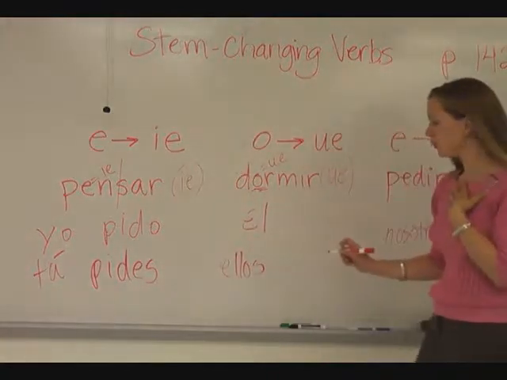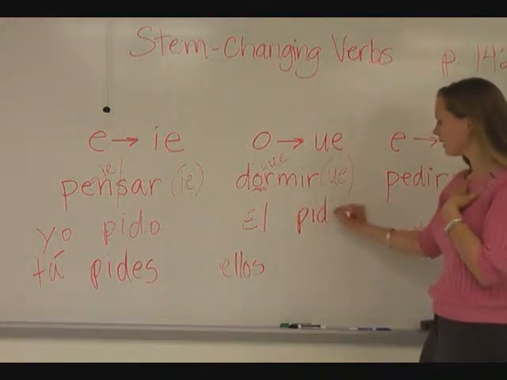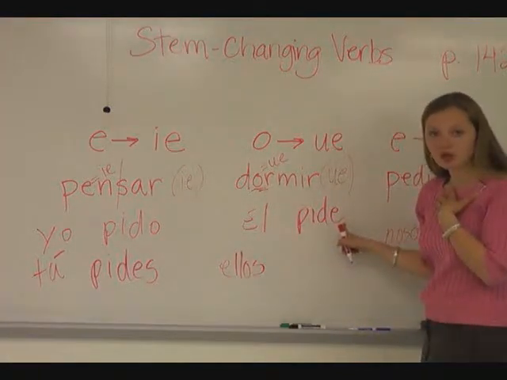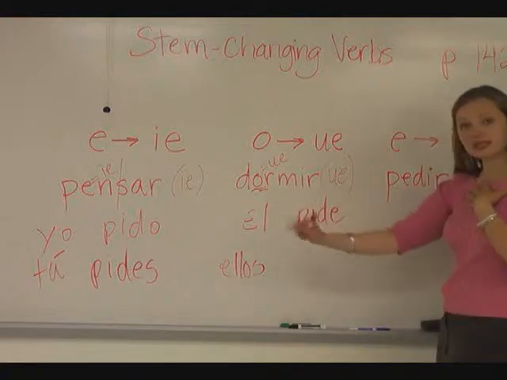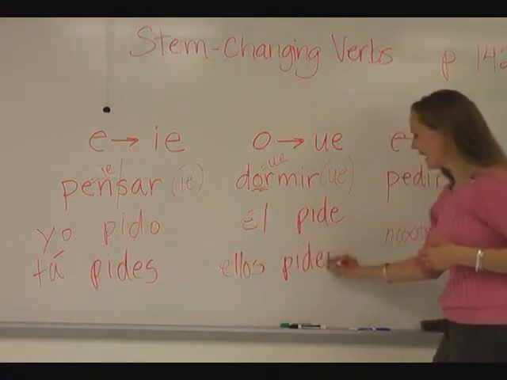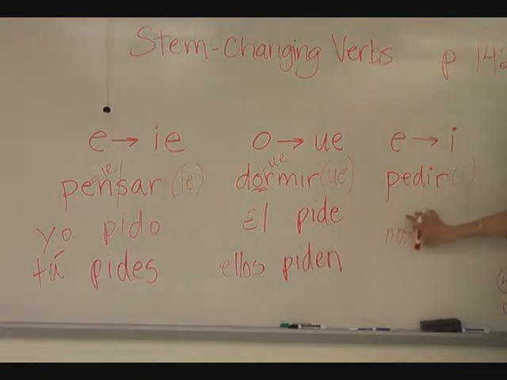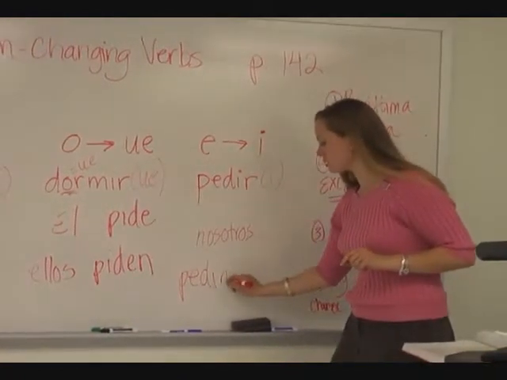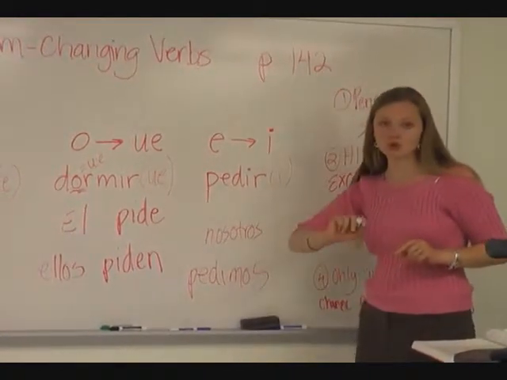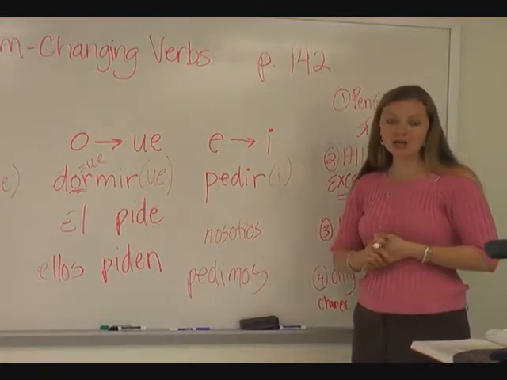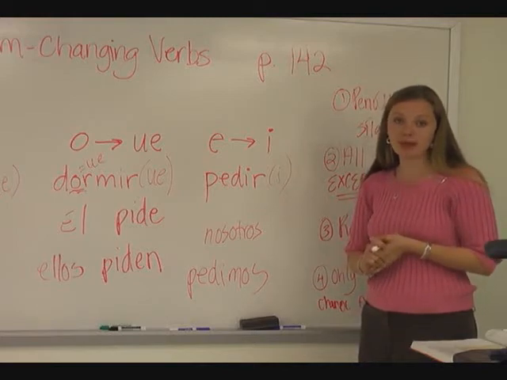You ask for or you order. Él pide. Note the same endings we've used all along, just one change in the stem or the root of the verb. Ellos piden. And then our special form, nosotros, which does not change the stem, that would be nosotros pedimos. Now, vamos a repasar con una presentación de PowerPoint.